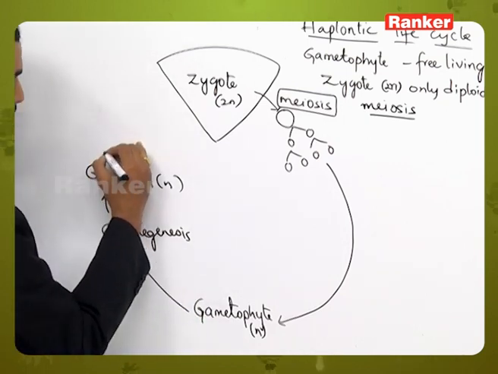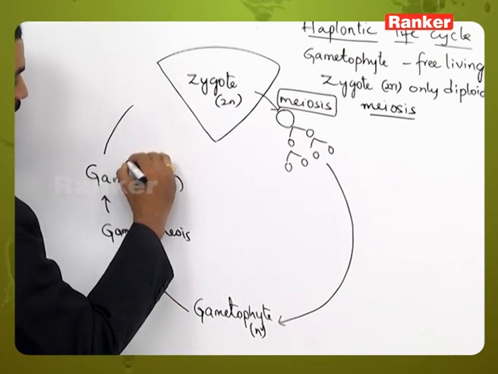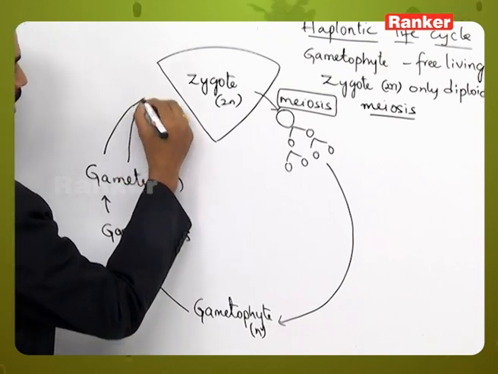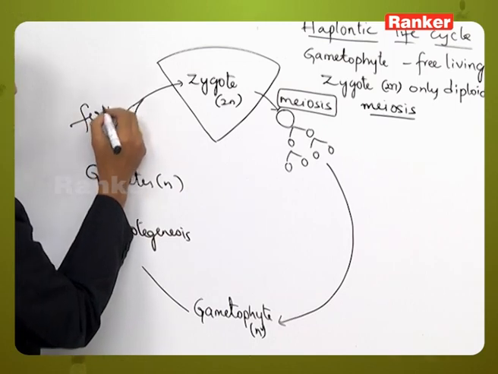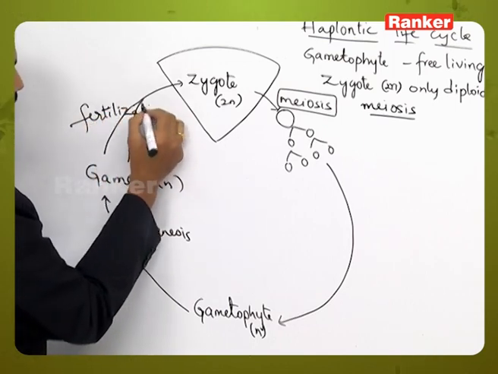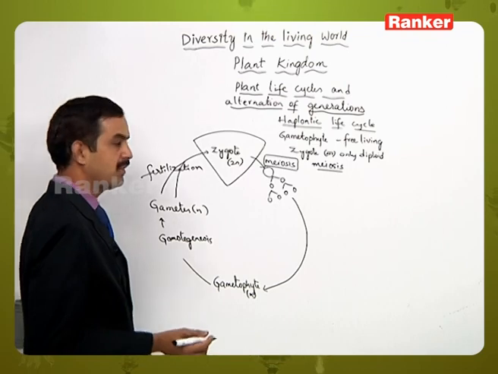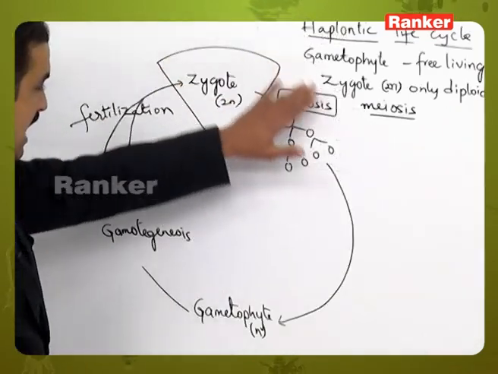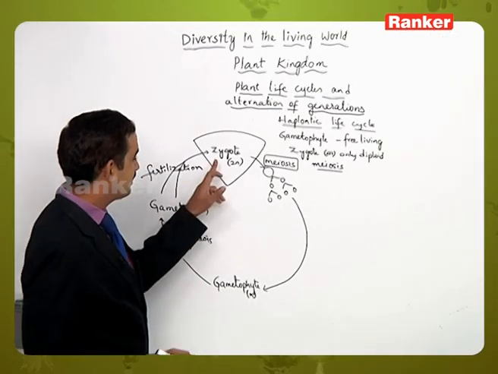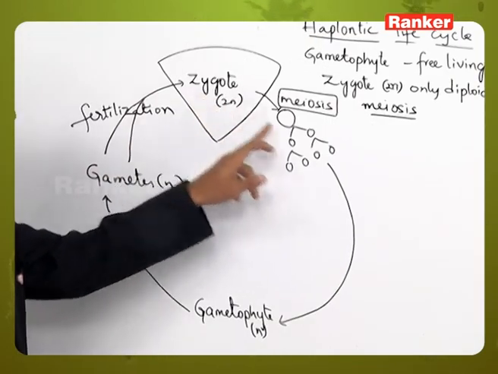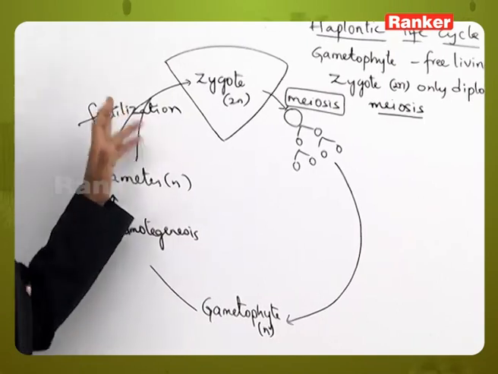These two gametes, the male and the female gametes, formed as a result of gametogenesis, will participate in the process of fertilization, once again resulting in the formation of the zygote. So this is the life cycle which occurs in haplontic plants, in which the zygote is the only diploid stage, whereas all other stages are in the haploid condition.